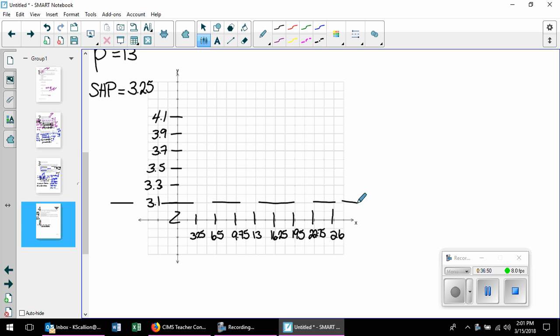Where's my median? 3.7. So not finished yet. 4.3 and 4.5. So 4.3 was my max. So looking at this, these look about the same spacing. This way you can kind of tell you've got some sort of a plan happening.